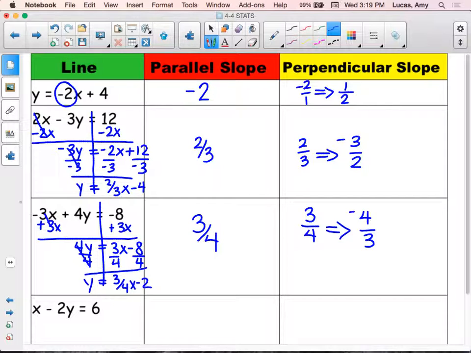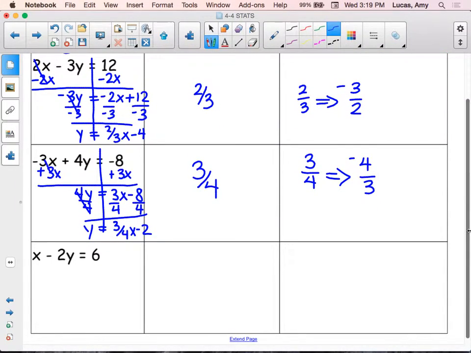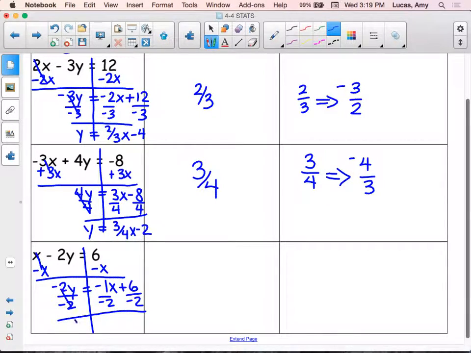The bottom one, I would need to subtract x on each side. So -2y equals -1x plus 6. Notice I'm putting the 1 in front of the x because when I go to divide everything by -2, I want to see that coefficient.